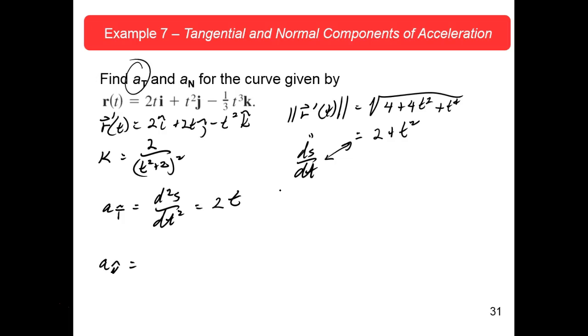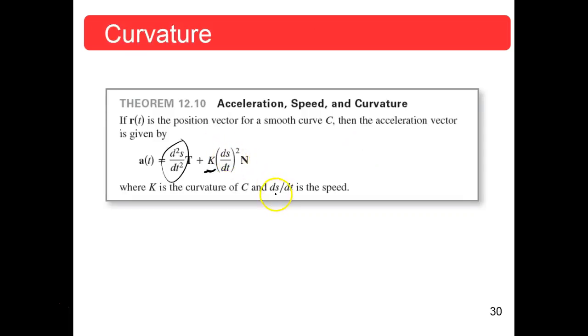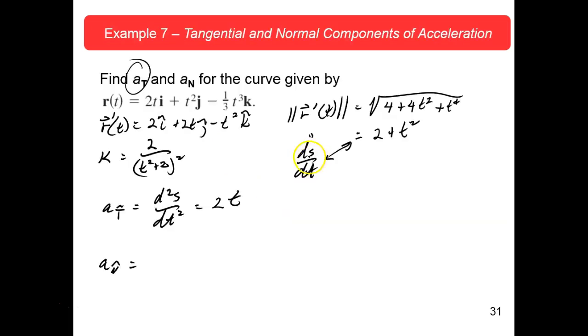Well, that's your speed, so we're going to square that. The curvature is 2 over t squared plus 2 squared, times speed squared, which is 2 plus t squared squared, which is exactly that.